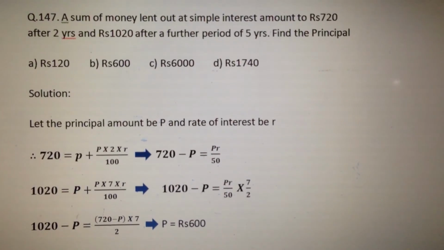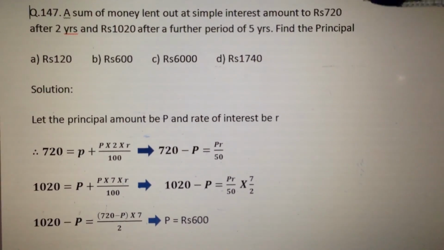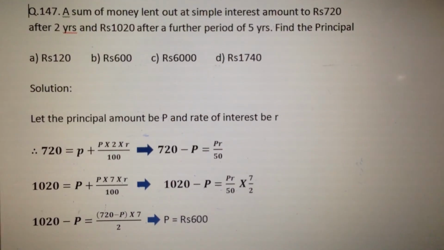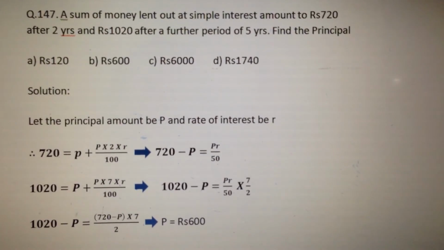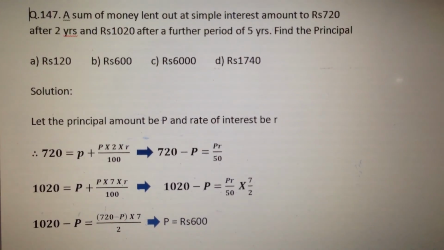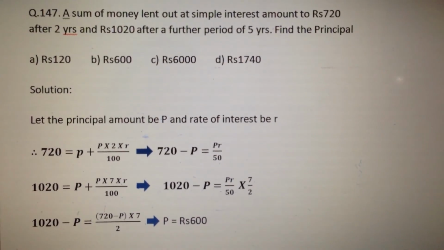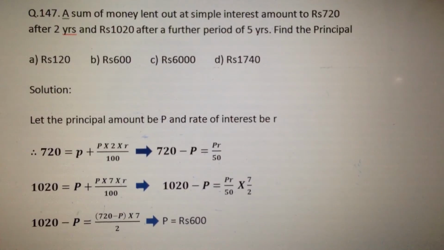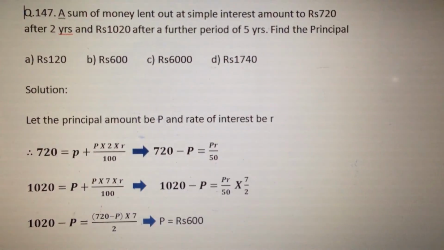A sum of money lent out at simple interest amounts to 720 rupees after 2 years and 1020 after a further period of 5 years. Find the principal amount. Let us assume the principal amount as P and the rate of interest as R. We know the formula to find out the total sum in case of simple interest.